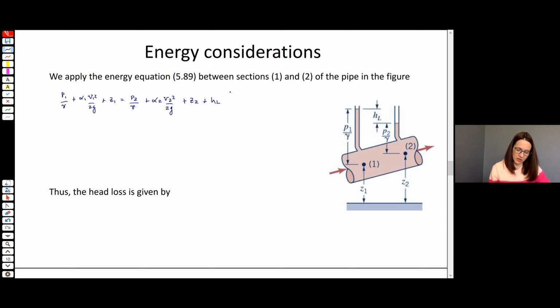And you can look at the discussion around equation 5.89. All right, so the velocity profiles are not uniform, but they also don't change from section 1 to section 2. So that means that alpha 1 is equal to alpha 2.